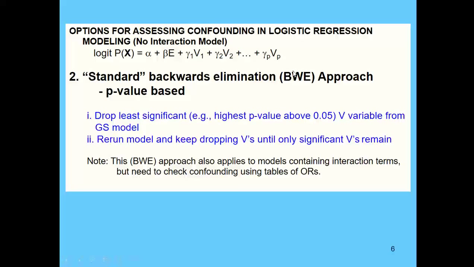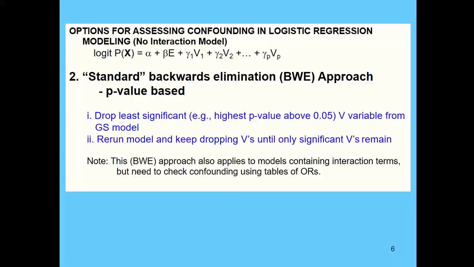It's really going backwards elimination with these V's, which means you drop the least significant V, in terms of what you might say the 0.05 level if you want, the V variable from the gold standard model, and rerun the model until you can't drop any more. That's backward elimination, okay?